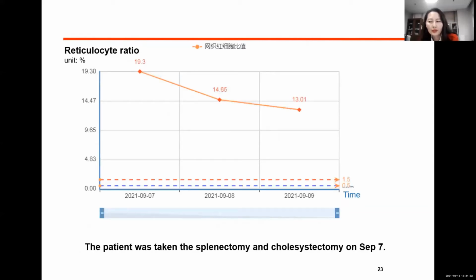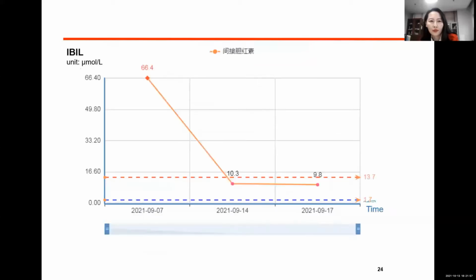This boy had the splenectomy and the cholecystectomy on September 7. After the operation, all abnormal lab results gradually improved. This is the reticulocyte dynamic curve.